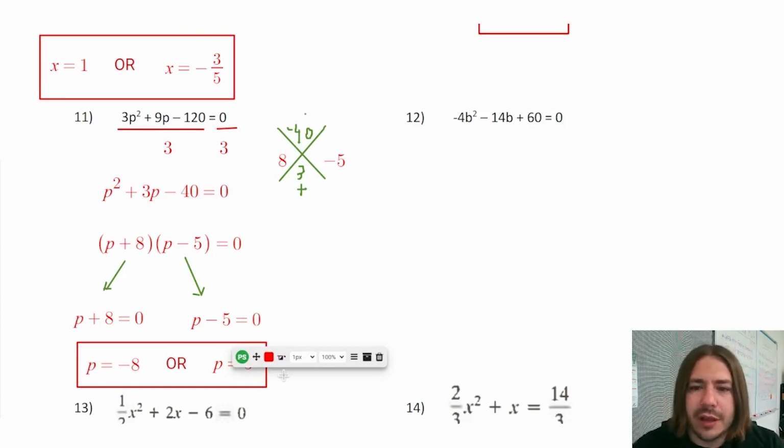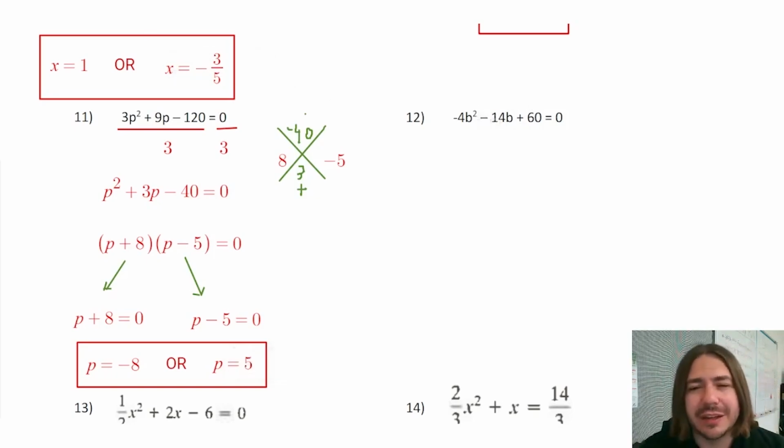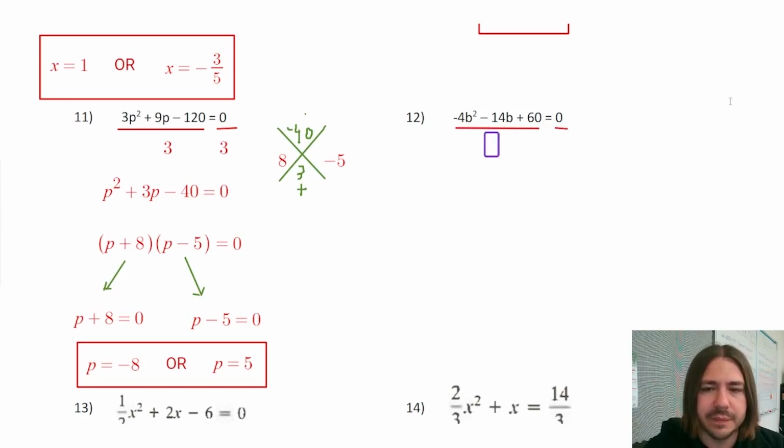Number 4, let's see, can we get away with dividing by negative 4 here? I don't think so, but we can at least make the problem a little bit easier by dividing everything by negative 2. So I think that might be the way to go here. It's definitely advisable to get that first term, at the very least, make it positive. It'll just make the factoring a lot easier if you do that.